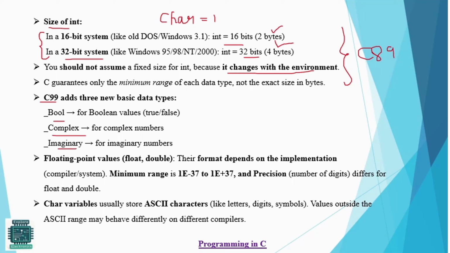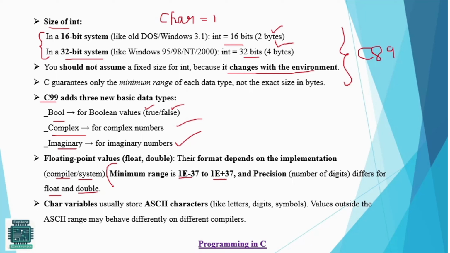Bool has only two values, that is true or false. Complex and imaginary are for complex numbers and imaginary numbers. Then floating point values depend on the implementation, either compiler or system, but the minimum range lies between 1E-37 to 1E+37, and the precision also differs for float and double.